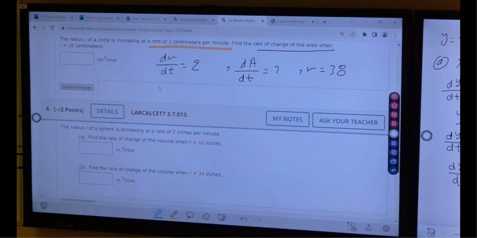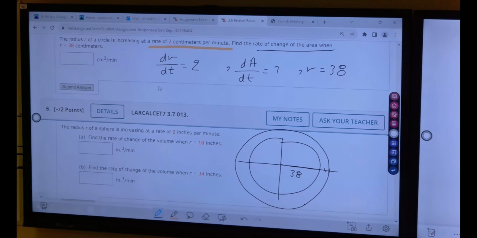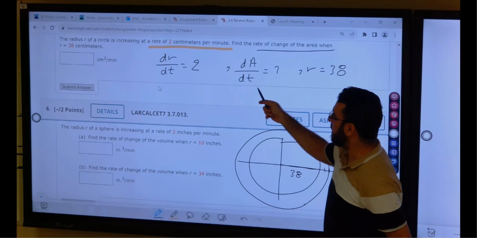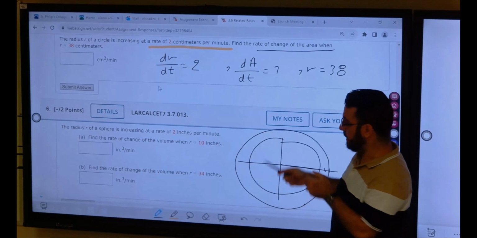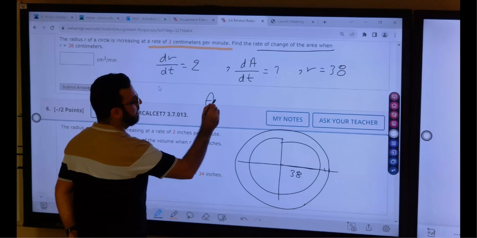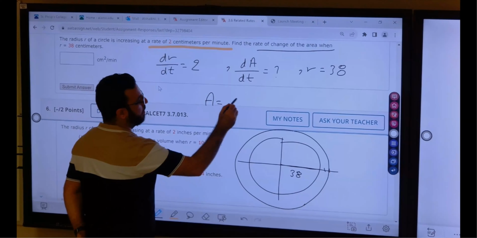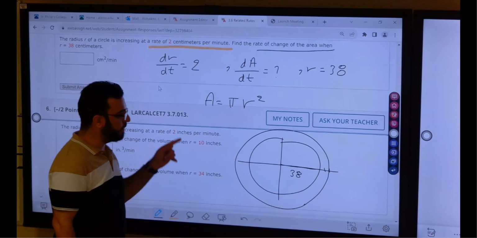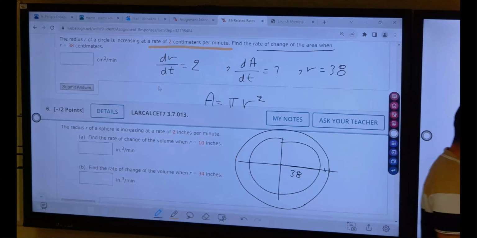That's the cool part. The change of radius with respect to time is 2, the change of area with respect to t is what we need to find. We have the radius, so we only need the formula. The area equals pi r squared. This is how to find the area of the circle.